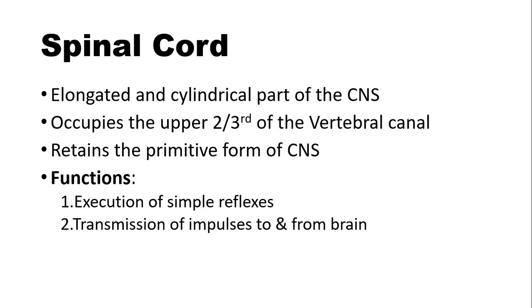Spinal cord is an elongated and cylindrical part of central nervous system. It occupies the upper two-thirds of the vertebral canal. It retains the primitive form of CNS. The functions are execution of simple reflexes, then transmission of impulses to the brain and from the brain.